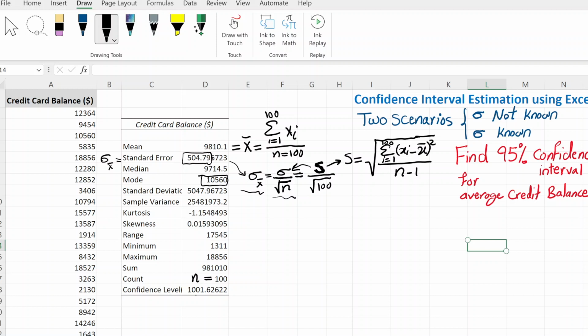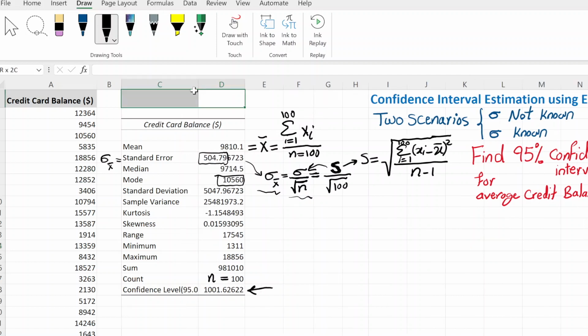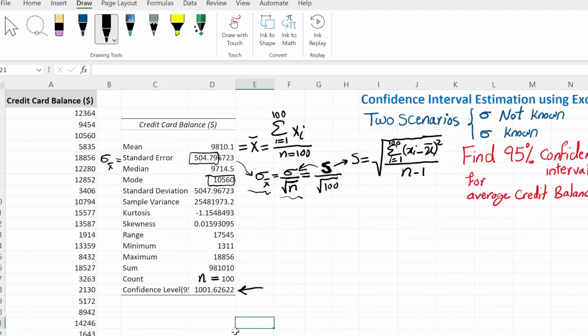Okay, so the last point. Based on this data, you can see that the 95% confidence interval is computed. There you go. It says 95%. So the 95% confidence interval is computed here, and it's $1,001.60 roughly. So what is the meaning of this?